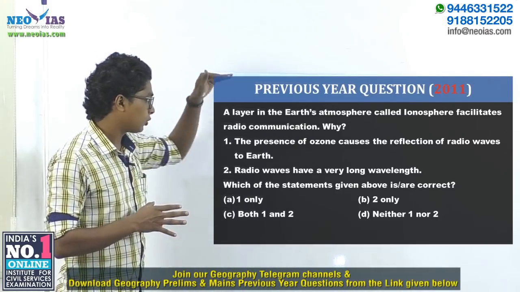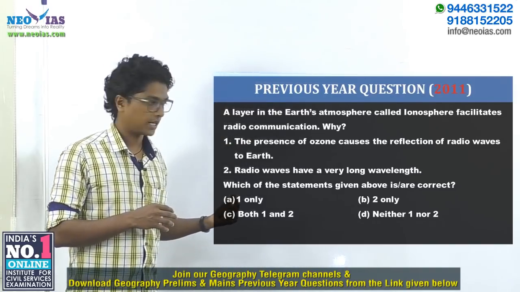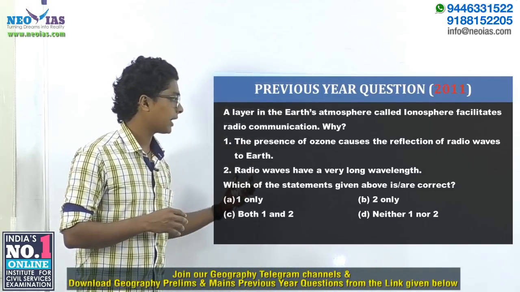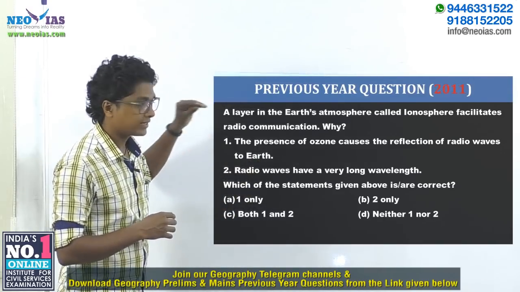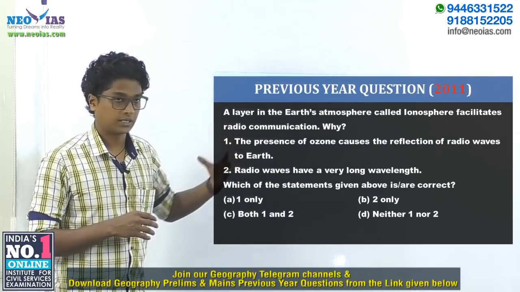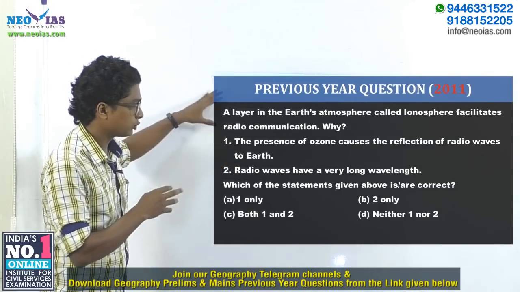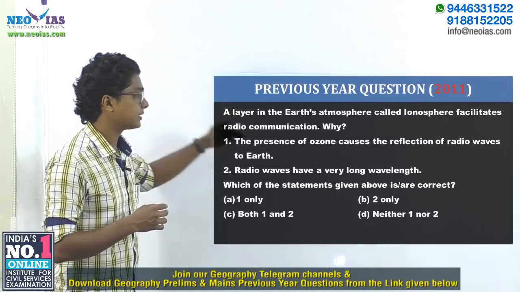Now the question is regarding why ionosphere facilitates radio communication. It's not regarding whether radio waves have a very long wavelength or not. The ionosphere facilitates the radio communication because it's having a larger concentration of ions in it. So if we didn't understand the question properly, there's a chance that we'll think the second statement is correct.